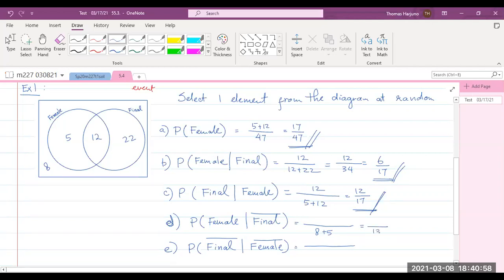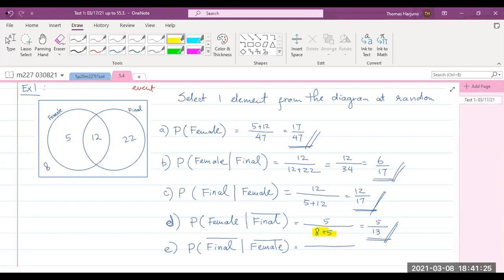Then of these 13 people, how many of them female? 5, right? Now you will see that the number on the numerator must be part of the number on the denominator, because we basically select from this. How many of these actually satisfy the desired event?